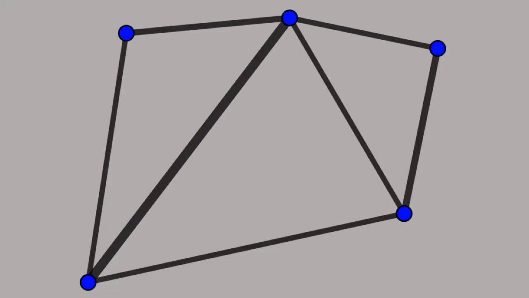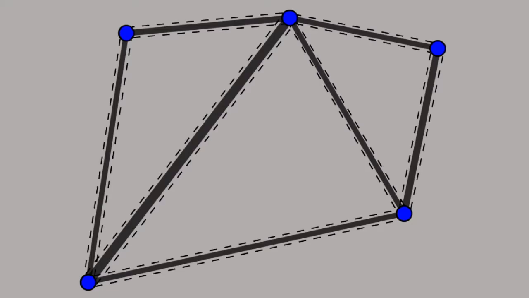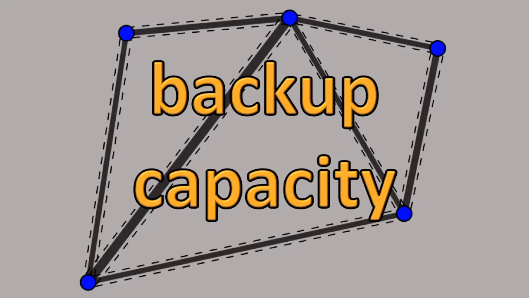In order that this does not happen, the capacity of the lines must be higher. It must be high enough such that even the electrical energy which is added by the deactivation of the most heavily loaded line can be transported. The additional capacity that is needed is called backup capacity.